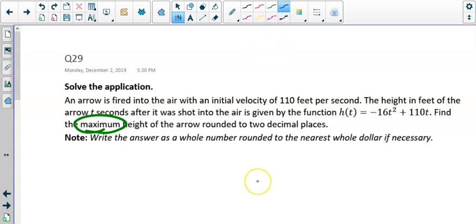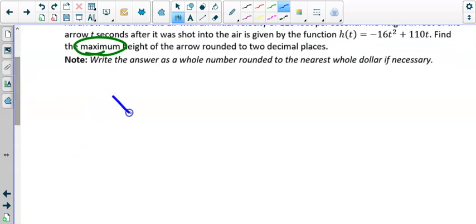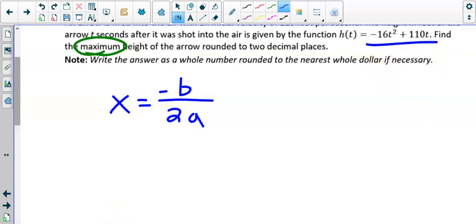And we're going to repeat the same thing that we just did a moment ago. We're going to find the axis of symmetry, take that answer and plug it in. So, we're going to run x equals the opposite of b over 2a. Looking at our equation right here, who is b? 110.